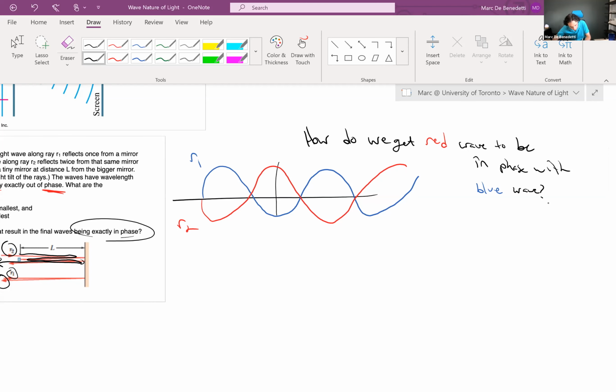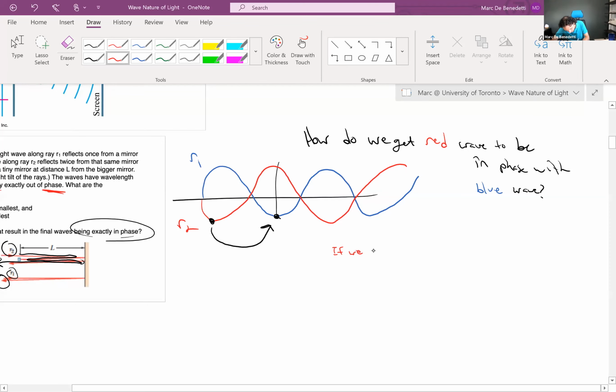And you see here that in order to get it to be in phase, we have to take the red wave and move it to here. So if we horizontally shift the wave, we have to shift it all the way to here, and then the two waves would perfectly line up.